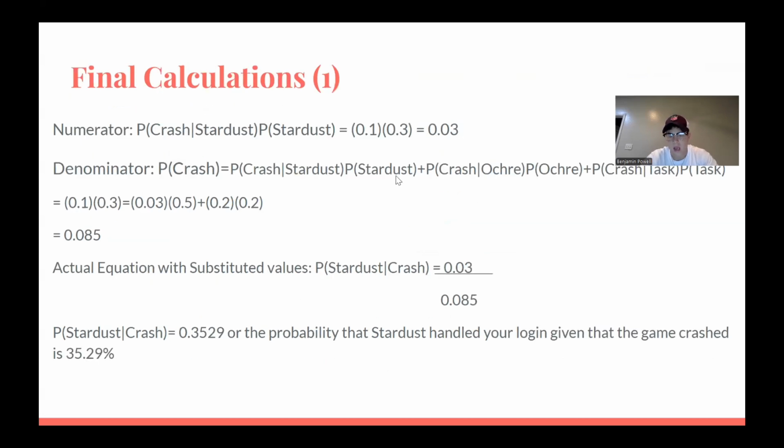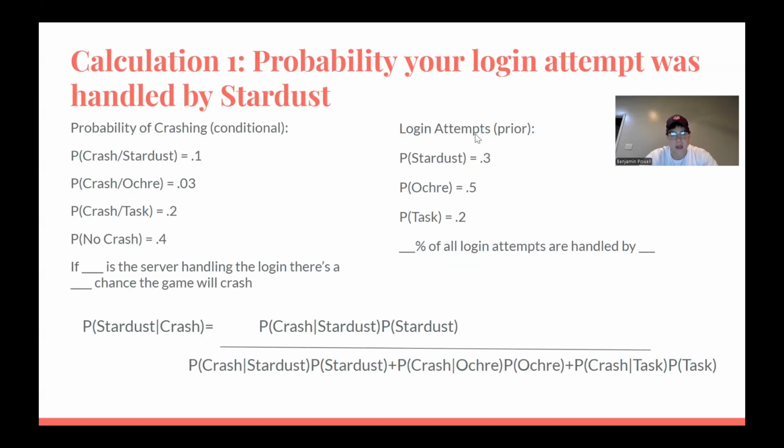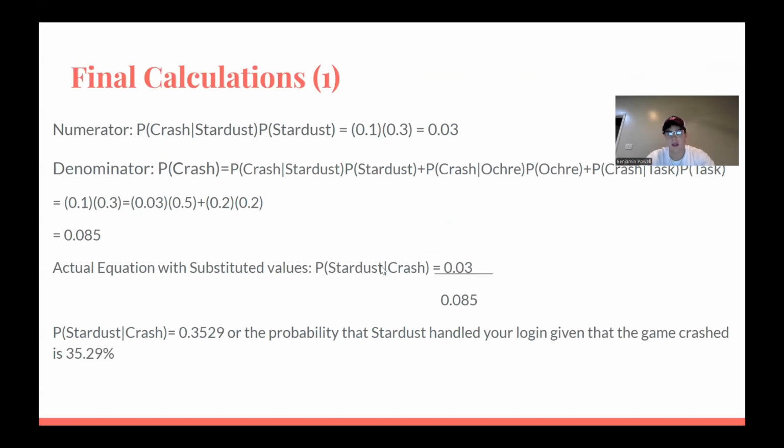Again, we're going through the numerator, then the denominator. And as you can see, I just plugged and played. So right now, we're trying to find the probability that Stardust handled your login, given that the game crashed, right? So here we go. We're just substituting the values. So right here, the actual equation with substituted values.